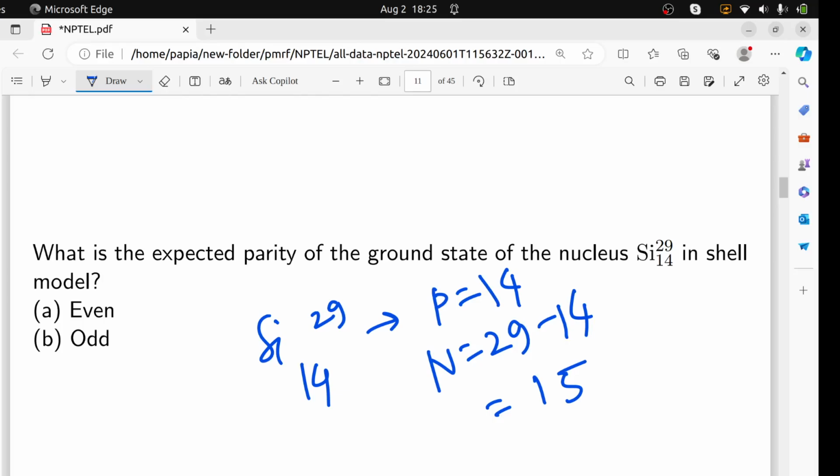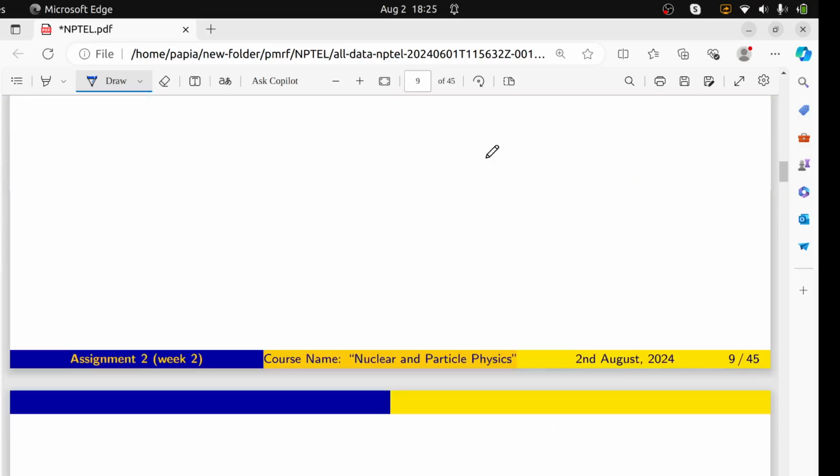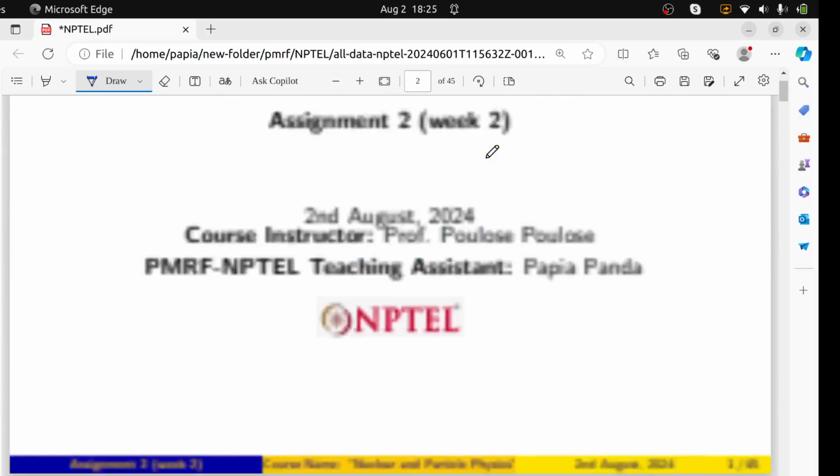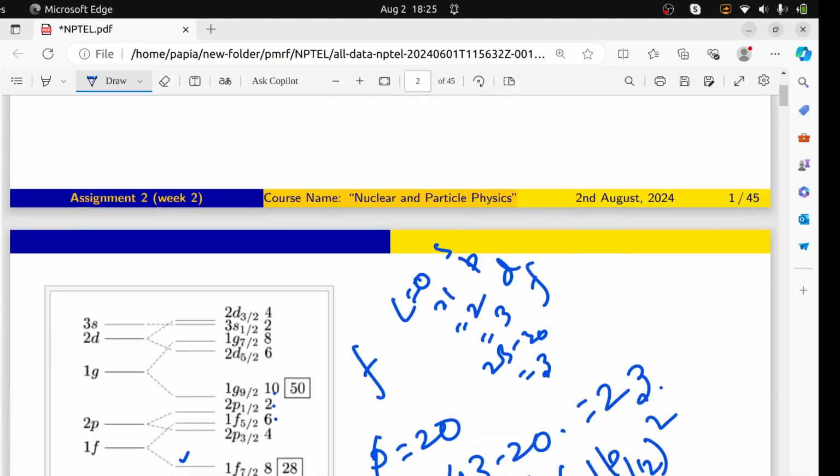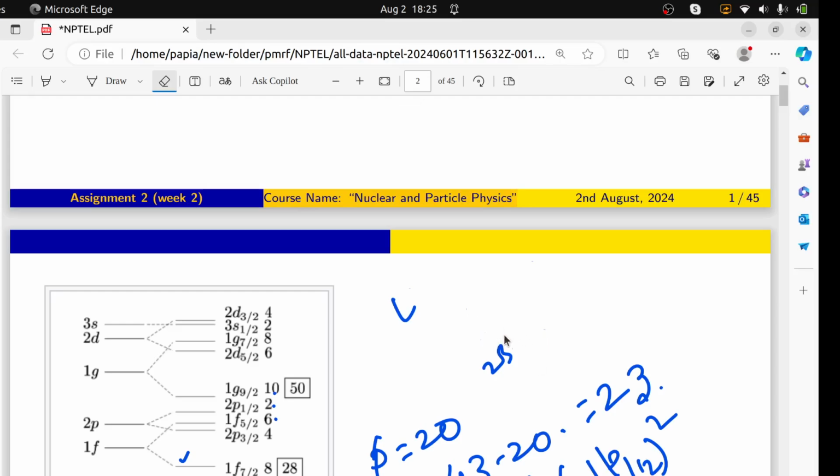So 15 is the neutron number and 14 is the proton number. So maybe we will go again to that figure. I'm telling you that you have to just remember this nuclear shell structure so that you can have the correct answer for all the questions.